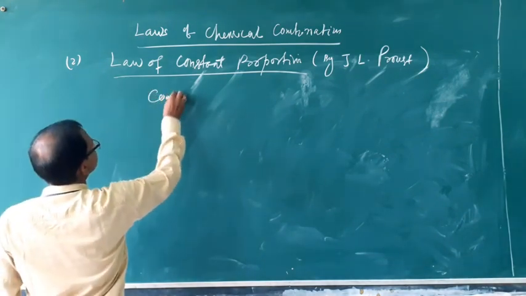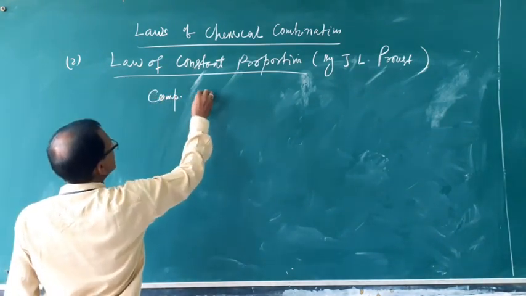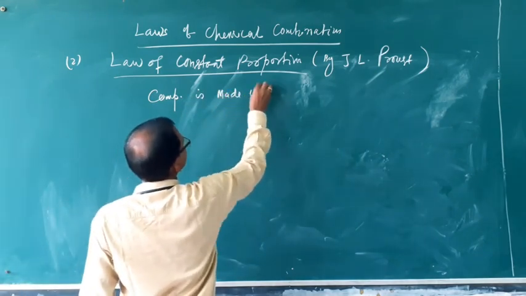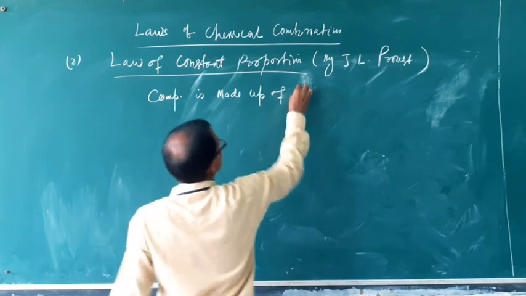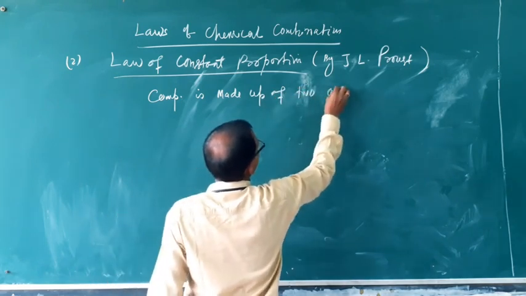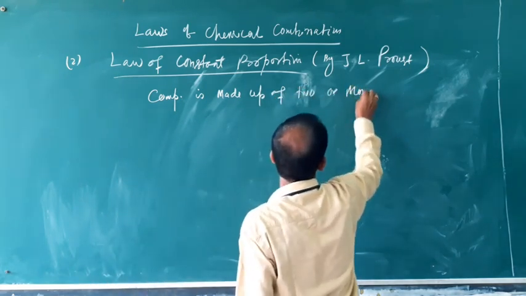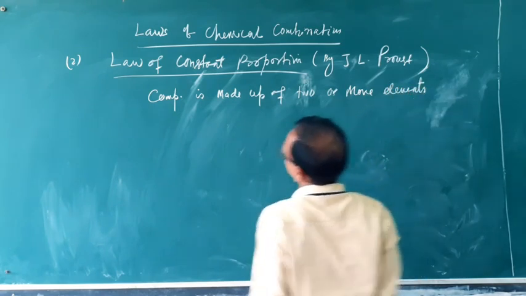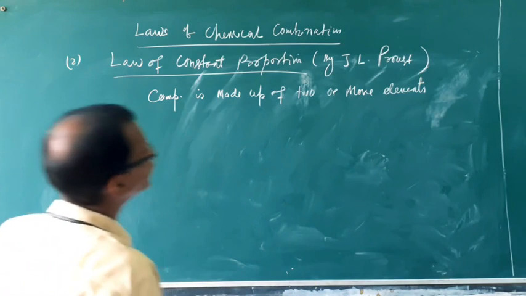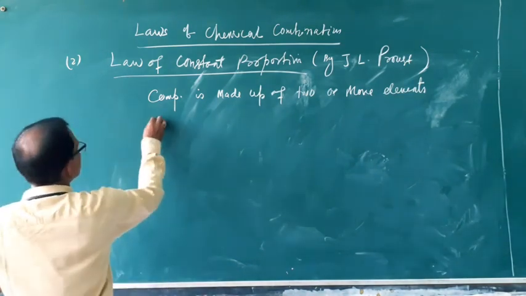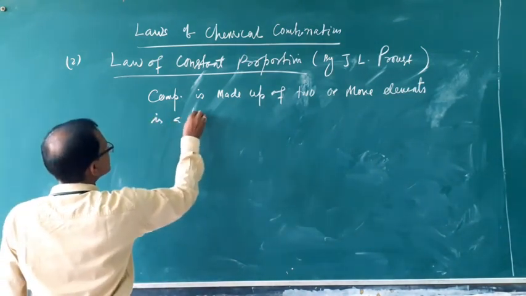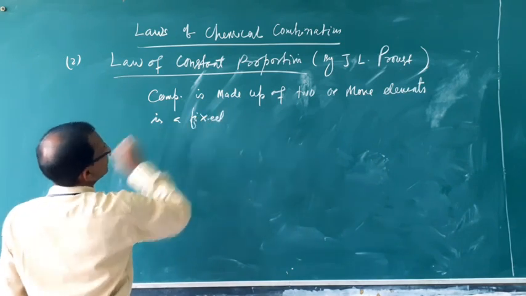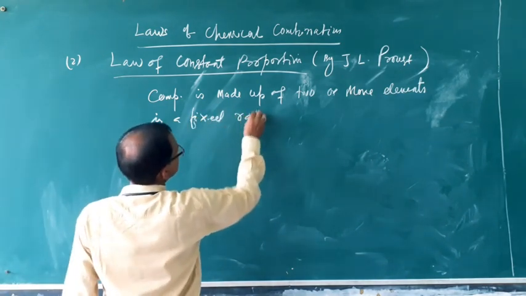What is the law? A compound is made up of two or more elements in a fixed ratio by weight.